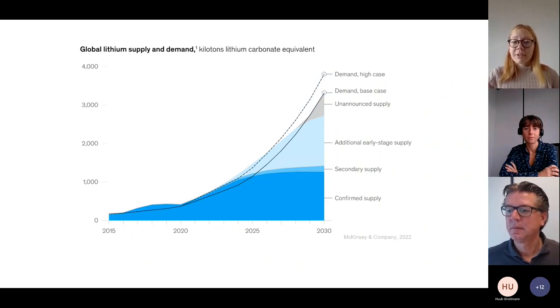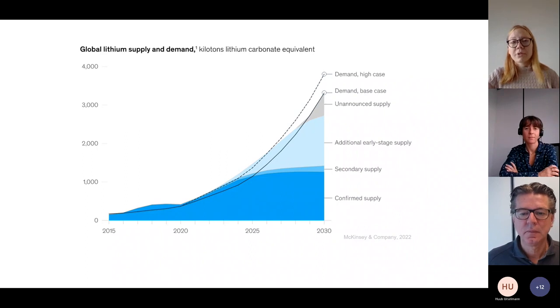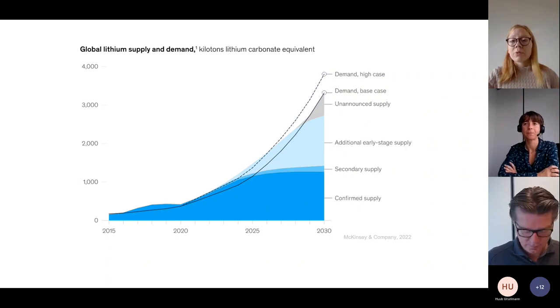And here we have the secondary supply as well. So through recycling, we have a little bit of lithium supplied through that. And then we have the light blue shaded area, additional early stage supply. Here I want to point out that these are not confirmed yet. These are new sources of lithium from the ores, from the salts, that have not been confirmed. So we don't know what the quantities would be.